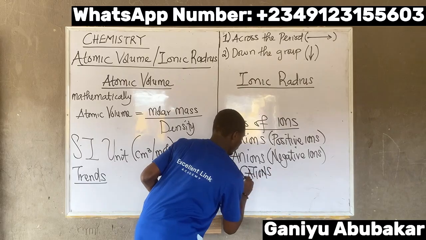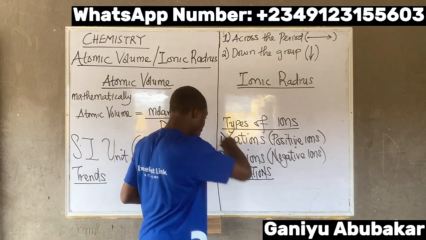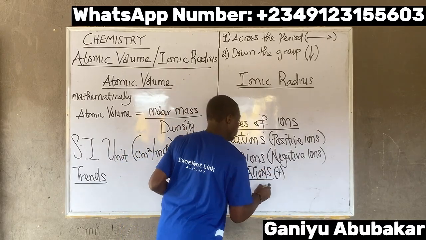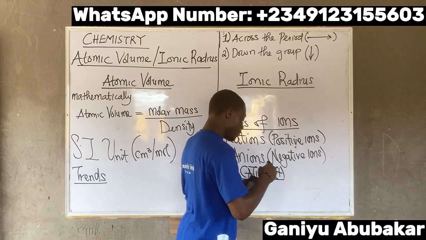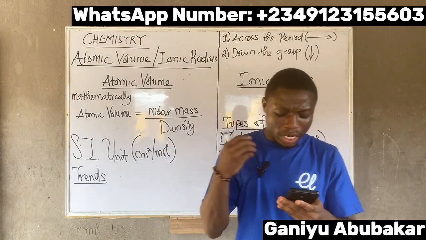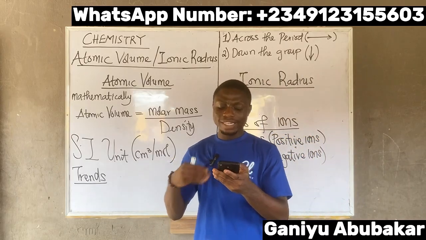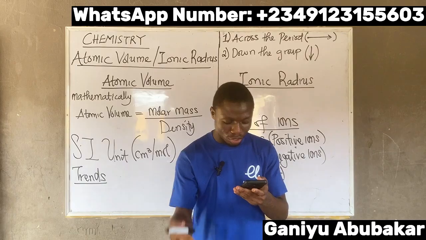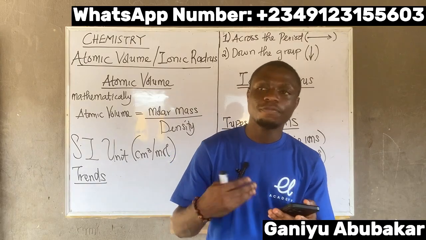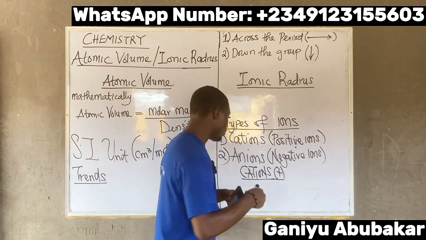All right. So this is a positive charge. By definition, a cation is formed when an atom loses electron.